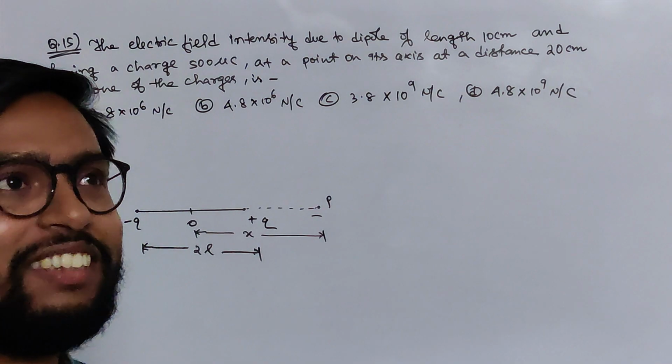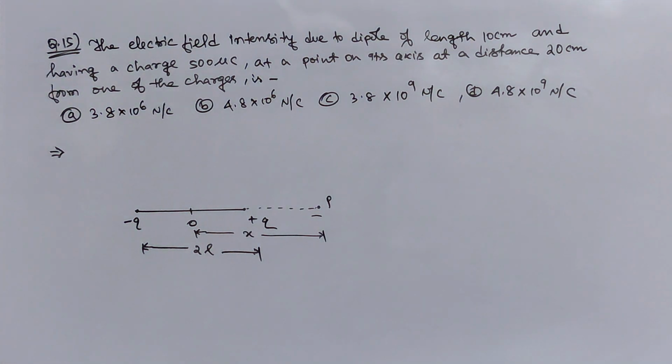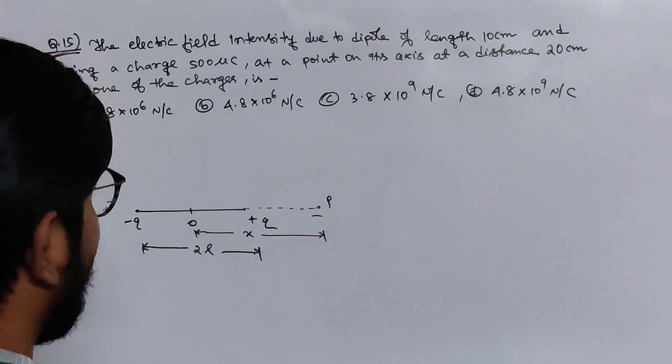Question number 15: the electric field intensity due to a dipole of length 10 cm and having a charge 500 microcoulomb, at a point on its axis at a distance 20 cm from one of the charges, is what? You have to tell which of these 4 options is correct.